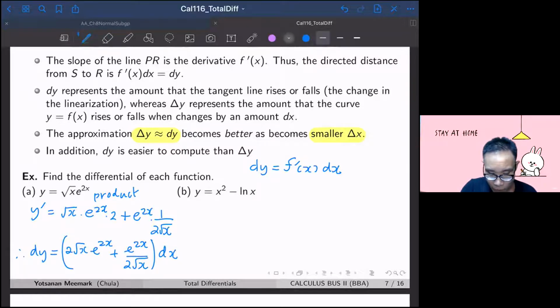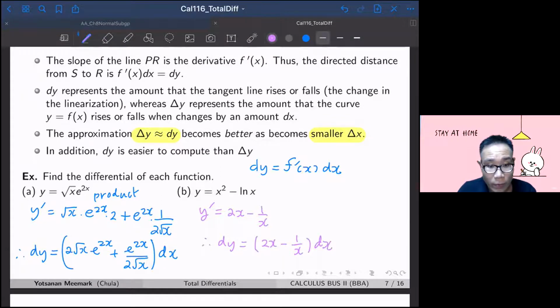The second one, you have y equal to x squared minus log x. So you would get y prime equal to 2x minus 1 over x. So you have dy equal to (2x minus 1 over x) dx.